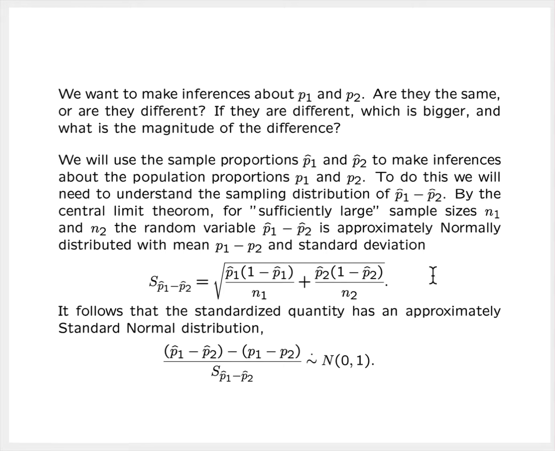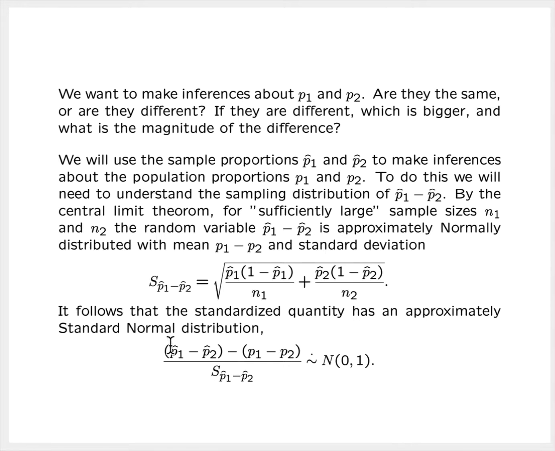Now, it follows then that the standardized quantity has an approximately standard normal distribution. So if we standardize the difference between the sample proportions, P1 hat minus P2 hat, minus the mean of its sampling distribution, which is P1 minus P2, divided by its estimated standard error, which again is the square root of P1 hat times 1 minus P1 hat over n1 plus P2 hat times 1 minus P2 hat over n2.